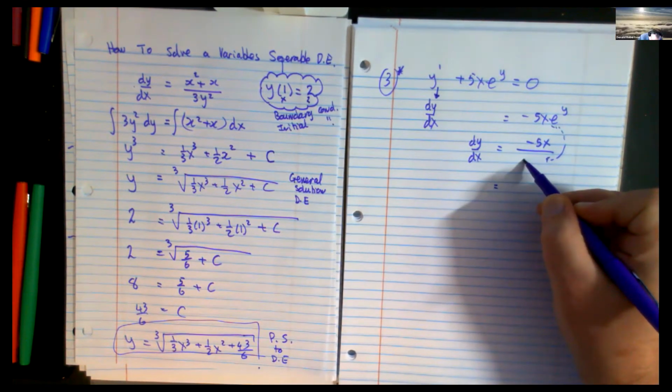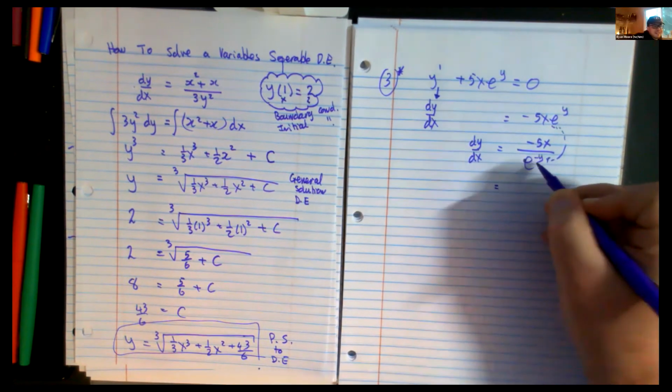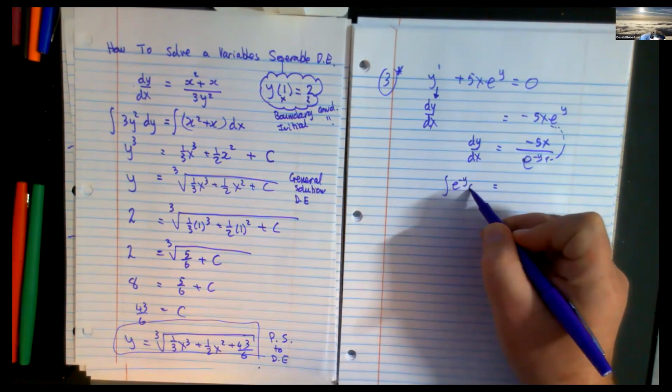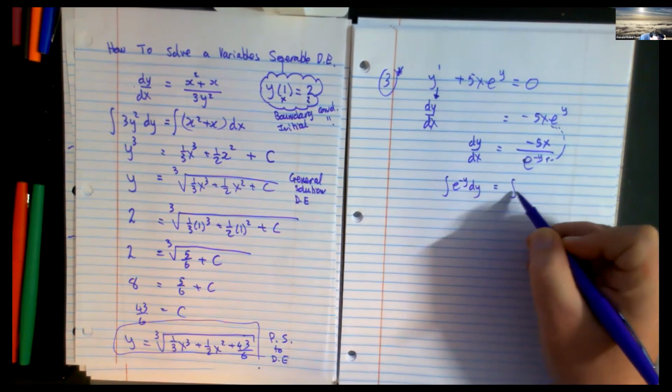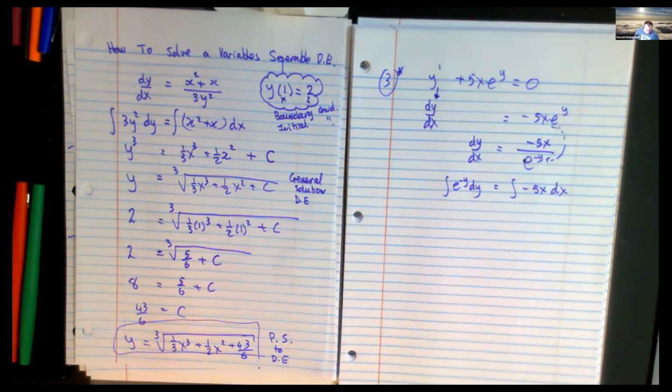Come on, you know the answer. E to the negative y, okay. You do the crossover and integrate. That's pretty standard.